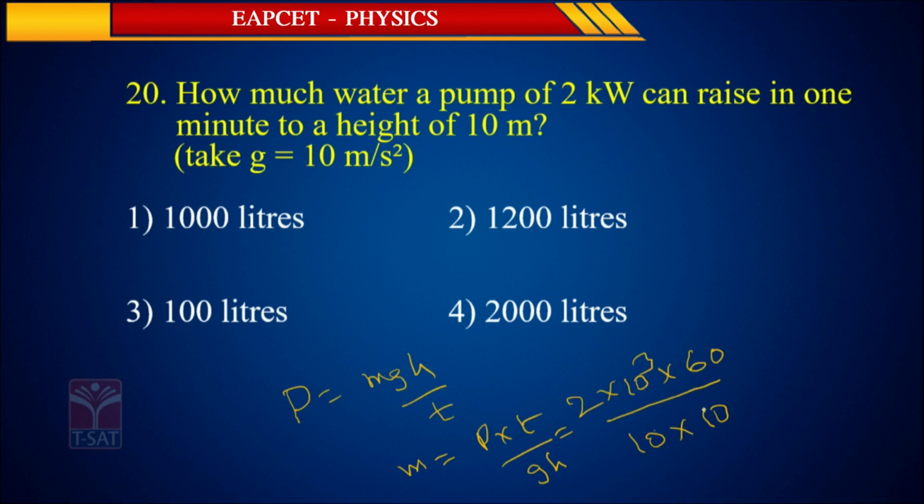Here this 0 gets cancelled. 2 into 6, how much? 12 into 10 to the power 3 by 10 square, 10 cancels, that is 1200. That is 1200 liters. Are you clear, children?